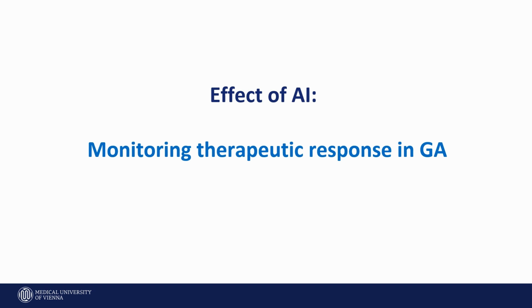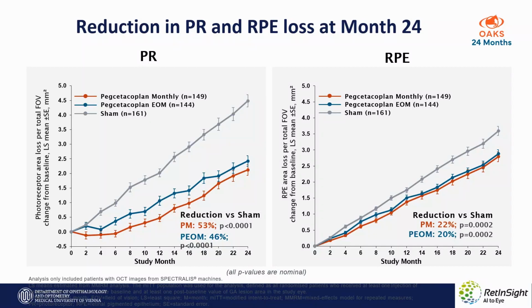the same tools can be used then to monitor therapeutic effect. As seen here in the OAKS study, the gray line represents the sham progression of the lesions, on the left side for photoreceptors, on the right side for RPE. The blue line is bi-monthly, the red line is monthly treatment.